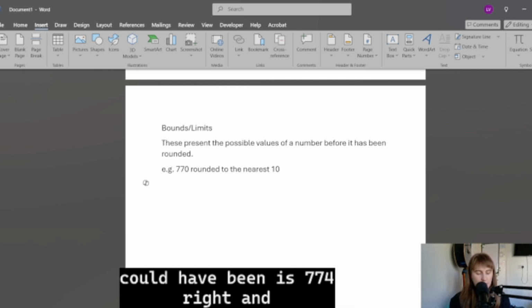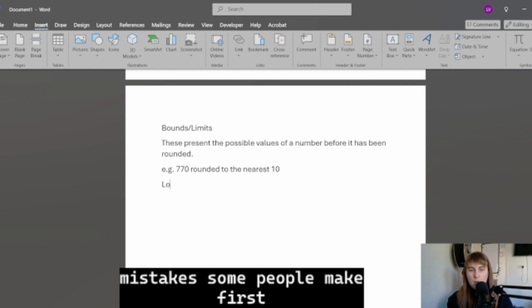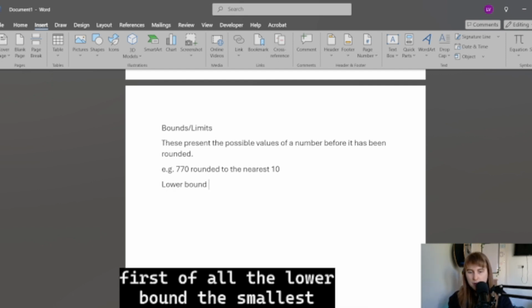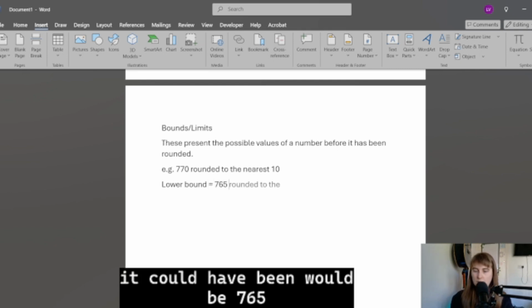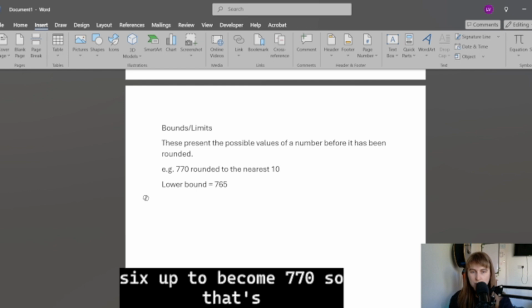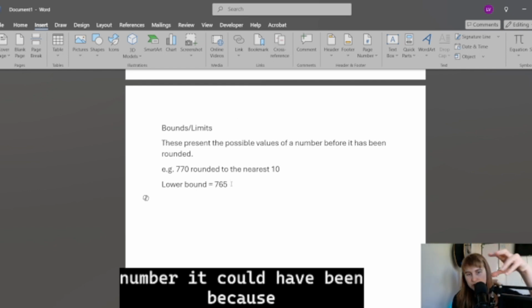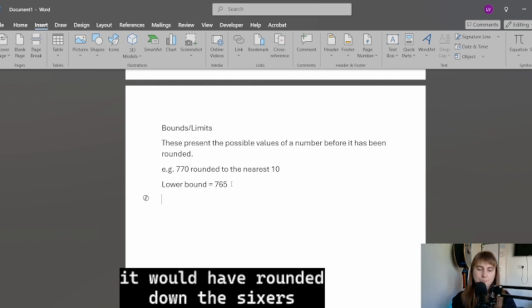And so this is a mistake some people make. First of all, the lower bound, the smallest number it could have been, would be 765, because that 5 would have rounded the 6 up to become 770. So that's the smallest number it could have been, because had it been 764, it would have rounded down and the 6 would have stayed the same.